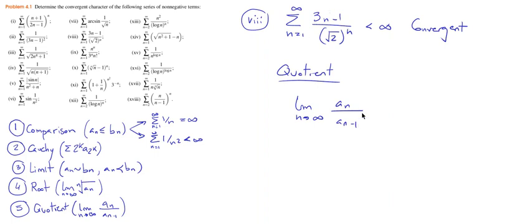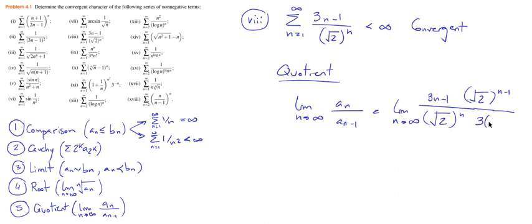Here a sub n is this, so we have the limit when n goes to infinity of 3n minus 1 divided by the square root of 2 to the n, and all of this divided by the same term with n replaced by n minus 1. So then this is divided by the square root of 2 to the n minus 1 in the numerator, and then 3 times n minus 1 minus 1.